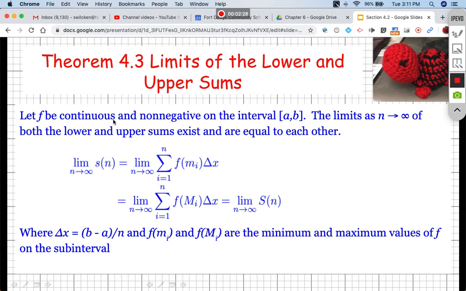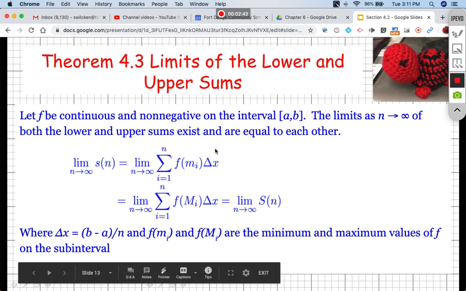So we say f is continuous and non-negative on the interval. We have to be non-negative for this to work. So we take the limits as n approaches infinity. Both the lower and the upper sums exist, and they're equal to one another. And again, our delta x is, we're breaking it into equal intervals, so we take b minus a divided by n, and the minimum and the maximum value.